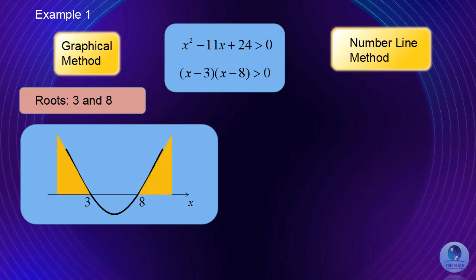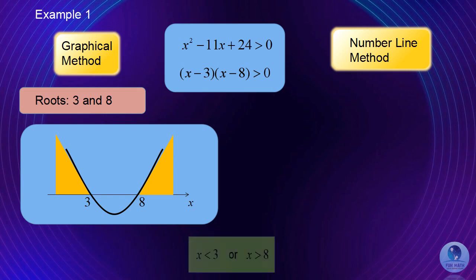So you need to shade the area of this graph which is greater than 0. In other words, anything above the x-axis. As you can see here, anything lesser than 3 and anything greater than 8 will be the answer. So your final answer will be x lesser than 3 or x greater than 8.